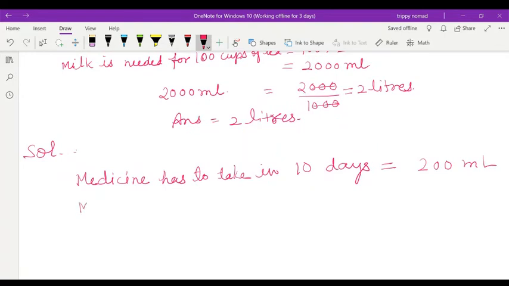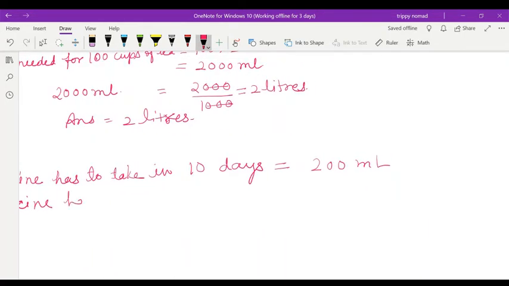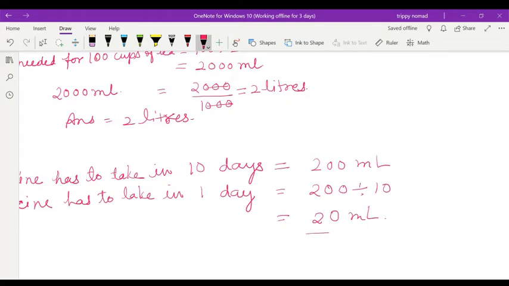Then medicine has to take in 1 day. 1 day, that means less. Less means divide. So if you divide 200 by 10, that is 20. 20 milliliter medicine should be taken every day. So the answer will be 20 milliliter.